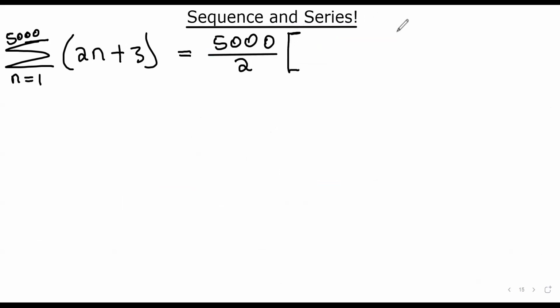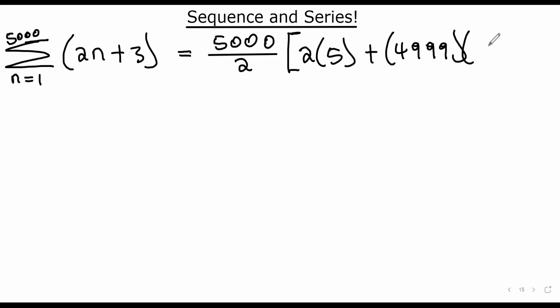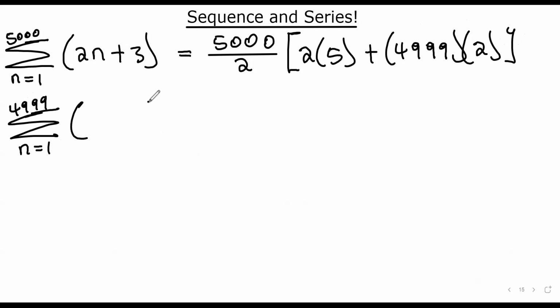And then you multiply this with 2 times a. Well, a is 5. And then you have 5,000 minus 1, which is 4,999. And you times this by the constant difference, which is 3. You could have found this sum and then come back again and find the sum for the other one, using the very same formula. And then add those two sums together. Then you are still going to get 20,001. That's the otherwise, doing something that is brand new.